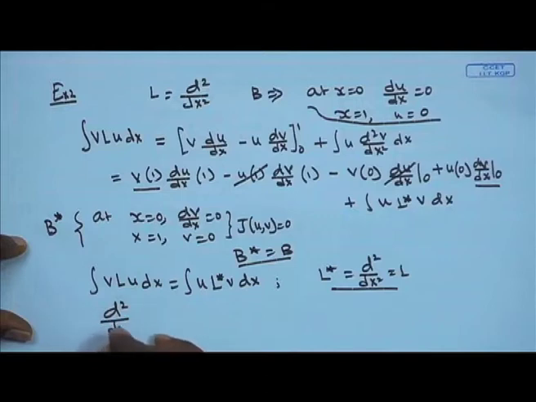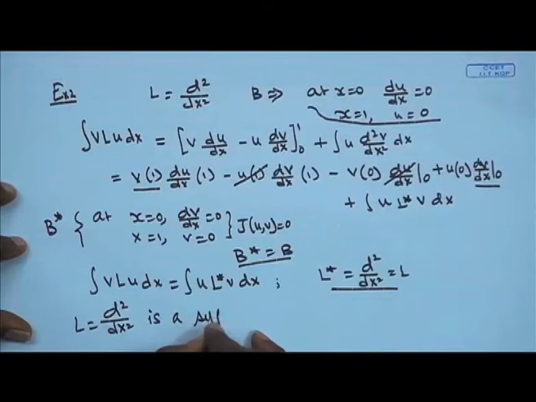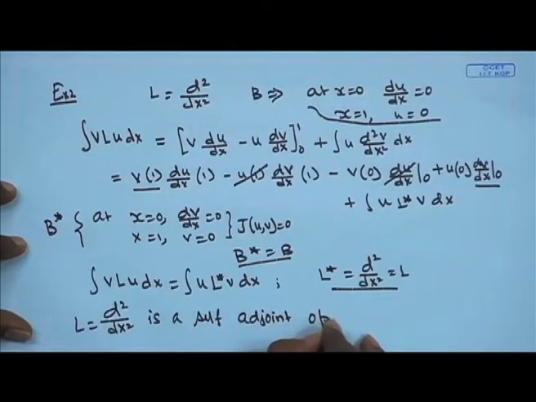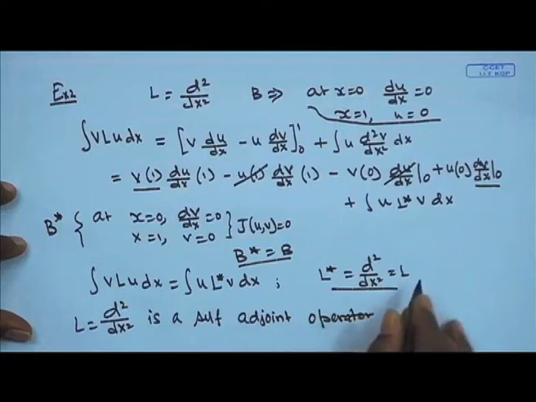So, d squared by dx squared is a self adjoint operator with Neumann boundary condition.